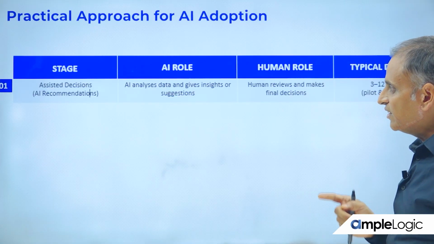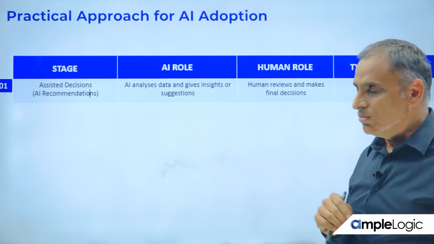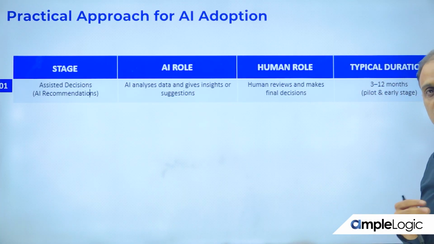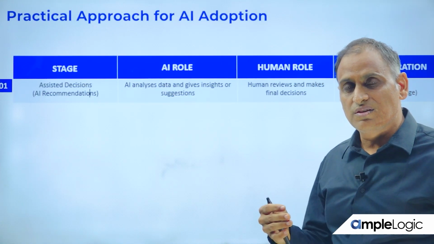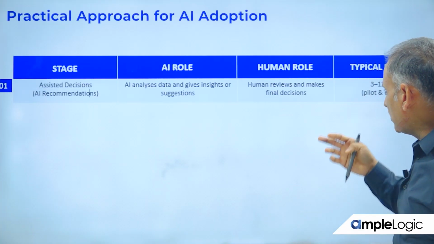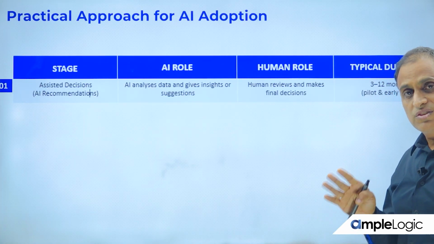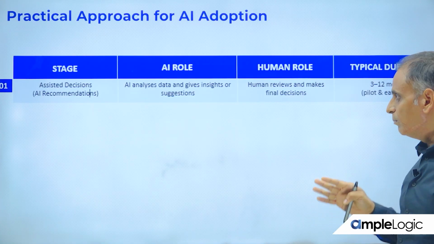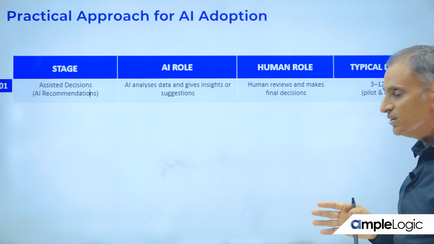The first one is assisted decisions, AI recommendations. Now what does it mean? AI analyzes the data and gives insights or suggestions. The human reviews and makes the final decisions. The decision is going to be taken by humans only, but the recommendations will be given by the AI.